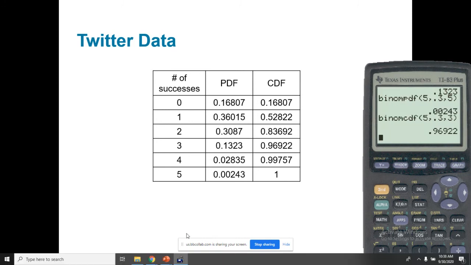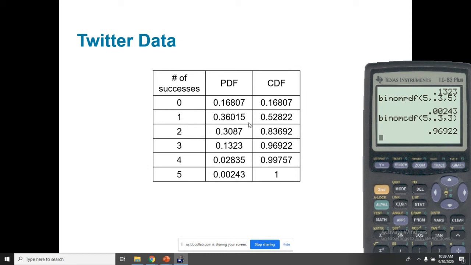In this instance, we want X is less than 3. Since I don't have the equal to bar, I cannot include 3 in my calculation. So to find the probability that X is less than 3, I want the probability for 0 plus 1 plus 2.